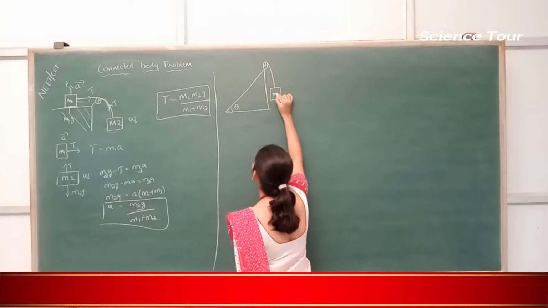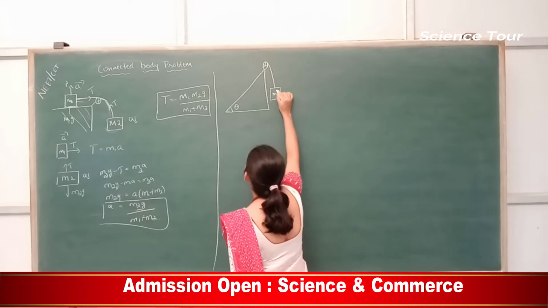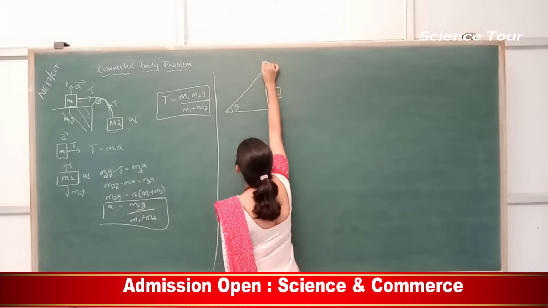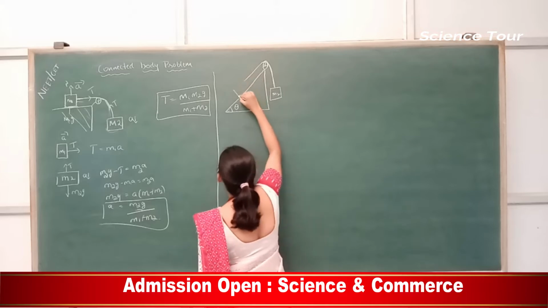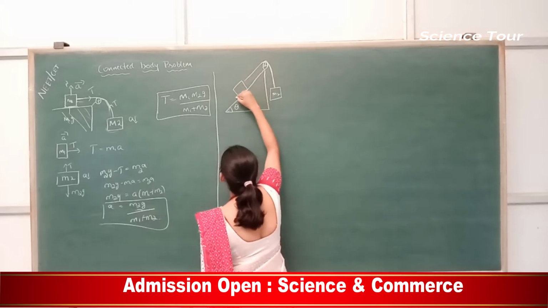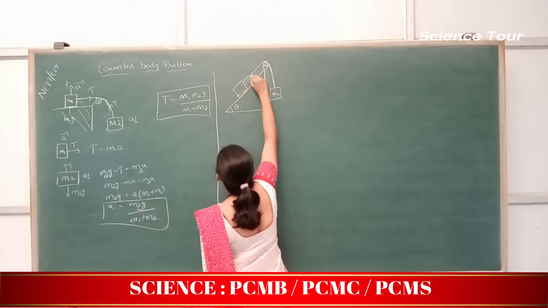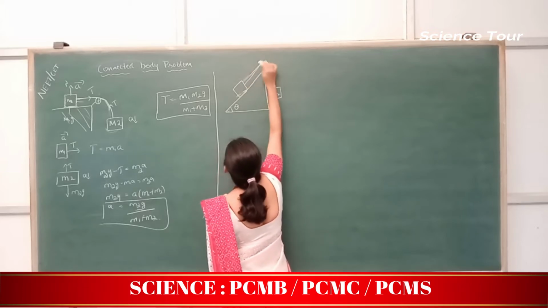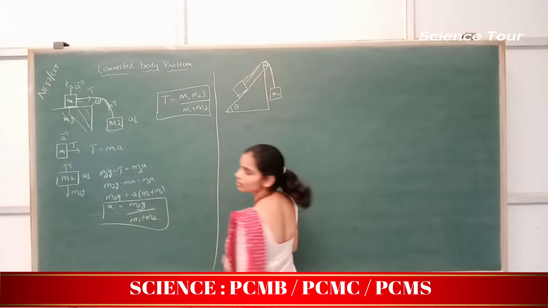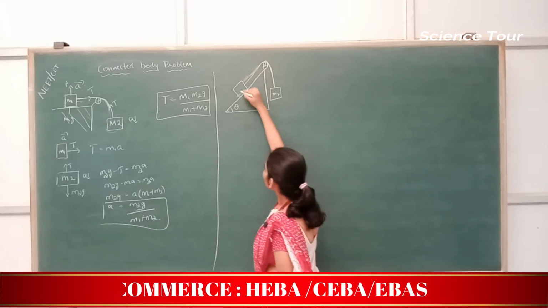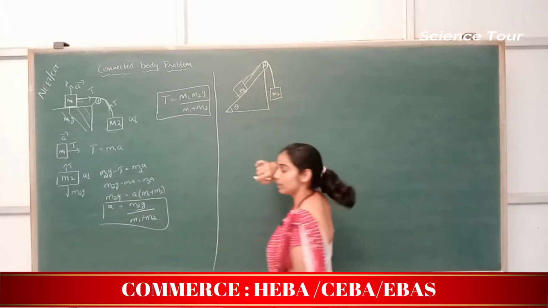This is M2. And to the same string there is one more mass which is placed on this inclined surface. So this mass M1 is placed on this inclined surface. Okay, this is M1, this is M2.